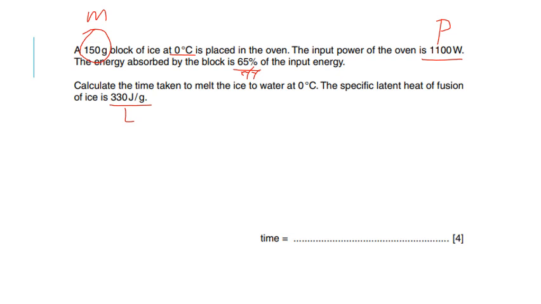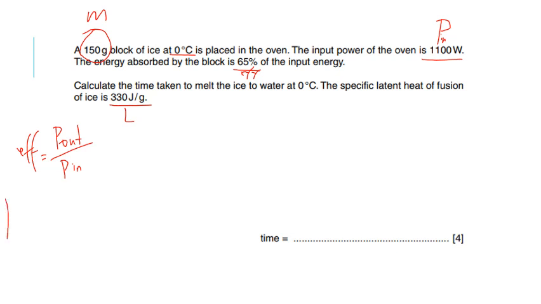In order to calculate the time, I need to know the power. And I cannot use this power because there's an efficiency. So I need to know how much power is actually absorbed. I will use the equation of efficiency, which is power output over power input. The power input is 1,100, but I need to find the power output, which is basically the absorbed power.